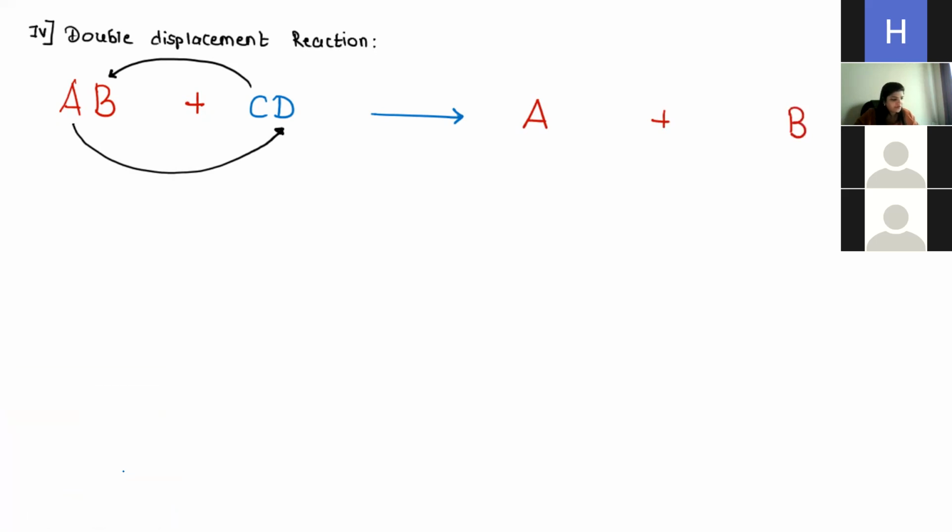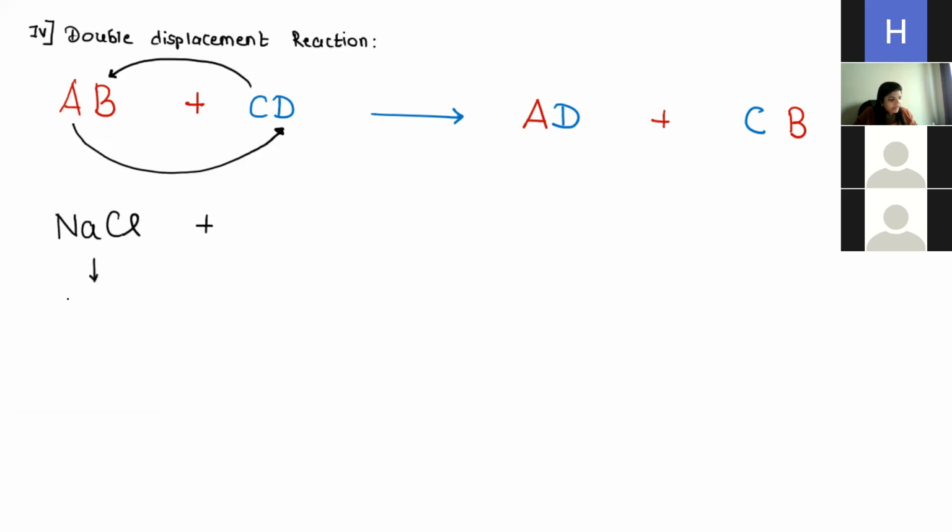Now why does this happen? Because whenever you talk about a compound, let's say you take copper sulfate or sodium chloride or potassium sulfate, always one part will be a positive ion and the second part will be a negative ion. For example, let us take sodium chloride, NaCl.